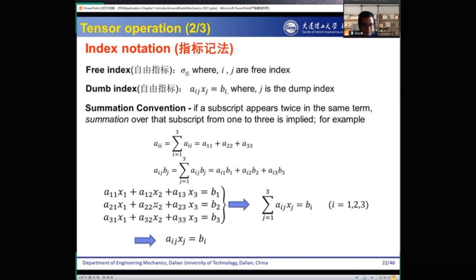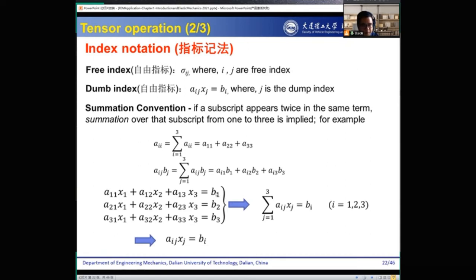iterations here. So in order to write out the index notation, we have to understand what is the free index and what is the dummy index. If we do the summation, then there might be a dummy index. If we don't do the summation, and they appear in different equations, then it is a free index.